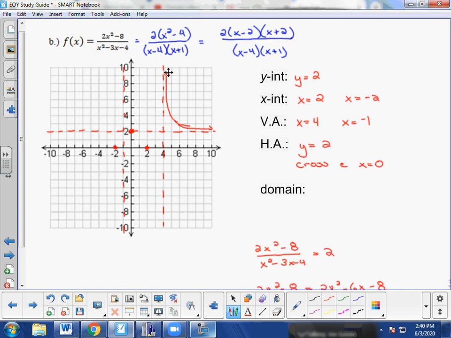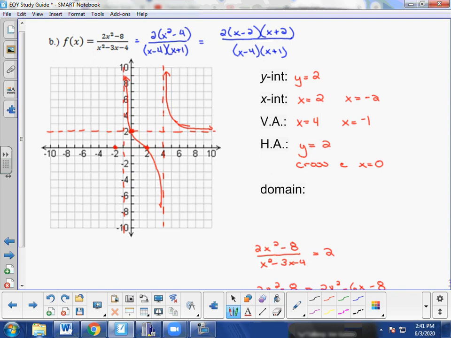So if I'm going up to the right of this vertical asymptote, I need to go down on the left side of this vertical asymptote. So this graph has to be coming down over here. It's got to go through the point 2 because that was a factor that only occurred once. It's not going to bounce, so it crosses through here. It does cross the horizontal asymptote at x equals 0, that point that we found right here. And then it's going to approach the vertical asymptote there.